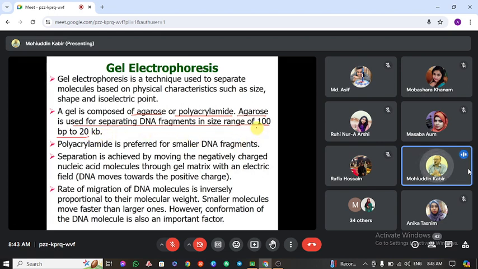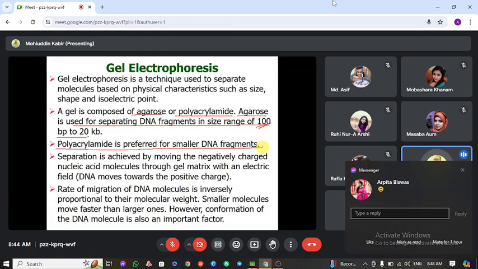Now, below 100 bp, not kb, below 100 bp DNA fragments, agarose gel electrophoresis does not work. So in that case, we use polyacrylamide. Polyacrylamide gel electrophoresis can separate smaller DNA fragments, even 5 base pair or 10 base pair length.